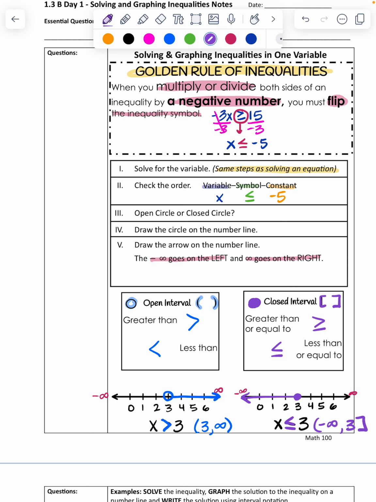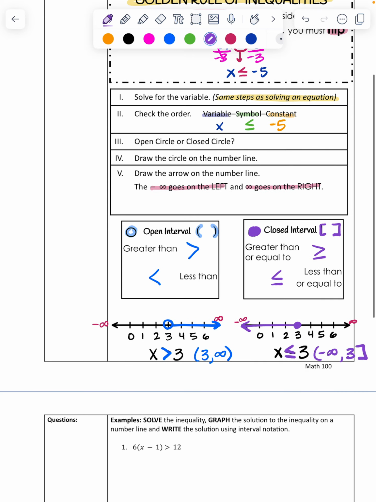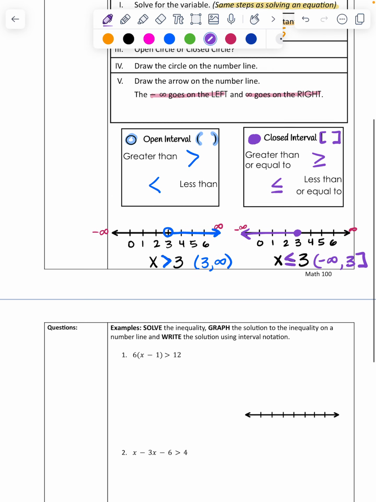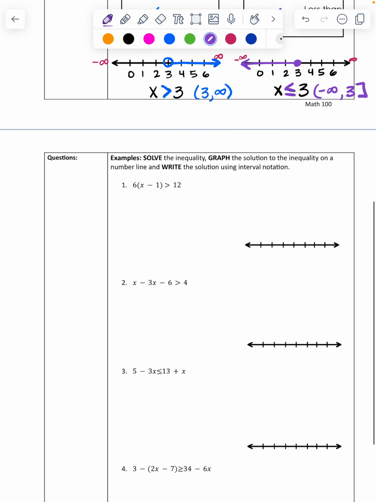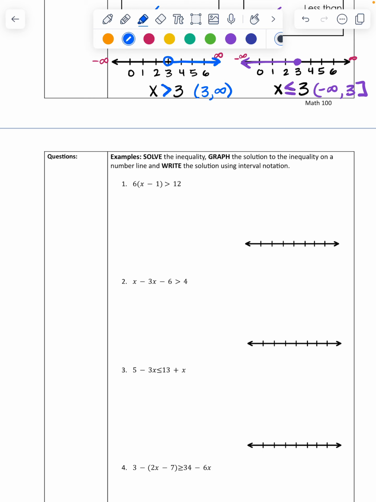Okay, so now let's solve an inequality. So we will solve the inequality, graph the solution, and then we're going to write the solution using interval notation.